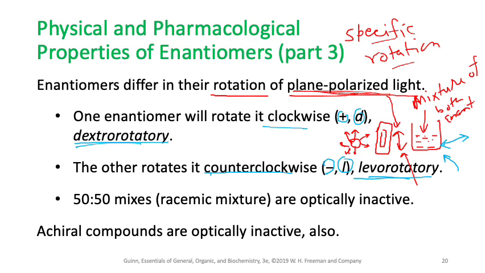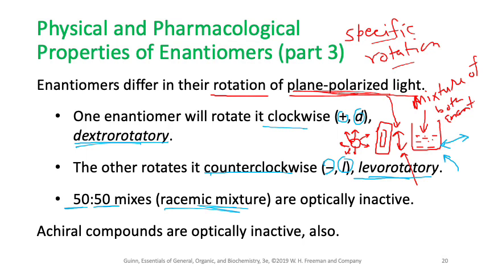And if that solution has a racemic mixture, meaning equal amounts of both enantiomers, what do you think? Is the plane polarized light going to go clockwise or counterclockwise? It's not going to go anywhere, because one of the isomers is trying to move the plane polarized light anti-clockwise, but the other wants to go clockwise.